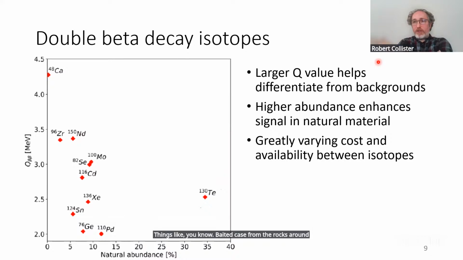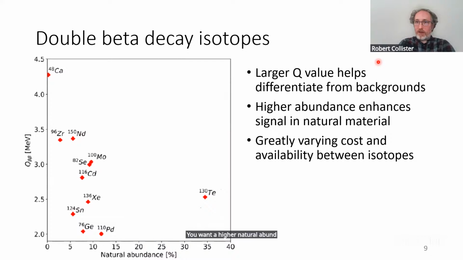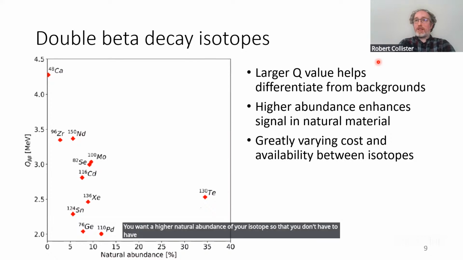If you have a higher energy, then you're able to more easily differentiate at that. You want a higher natural abundance of your isotope so that you don't have to have astronomical amounts of it to get the amount of target isotope you need to have a sensitive detector. And there's a greatly varying cost and availability between the isotopes. Xenon itself is pretty expensive, whereas germanium is slightly less so.